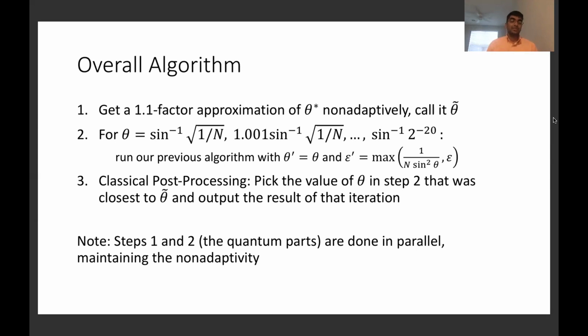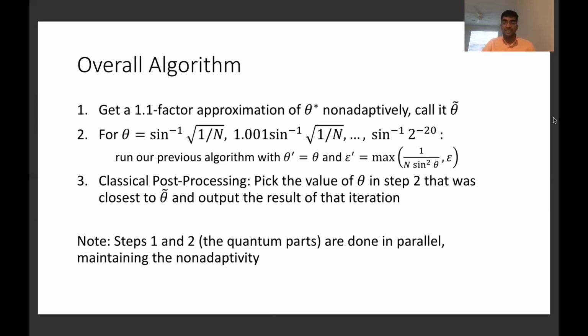Finally, in our classical post-processing, we pick the value of theta prime in step 2 based on what theta tilde was in step 1. So we're picking something that's actually a constant factor away from theta star, and then using the result of the tournament that we looked at in that iteration and outputting the value of theta star that we get from that.